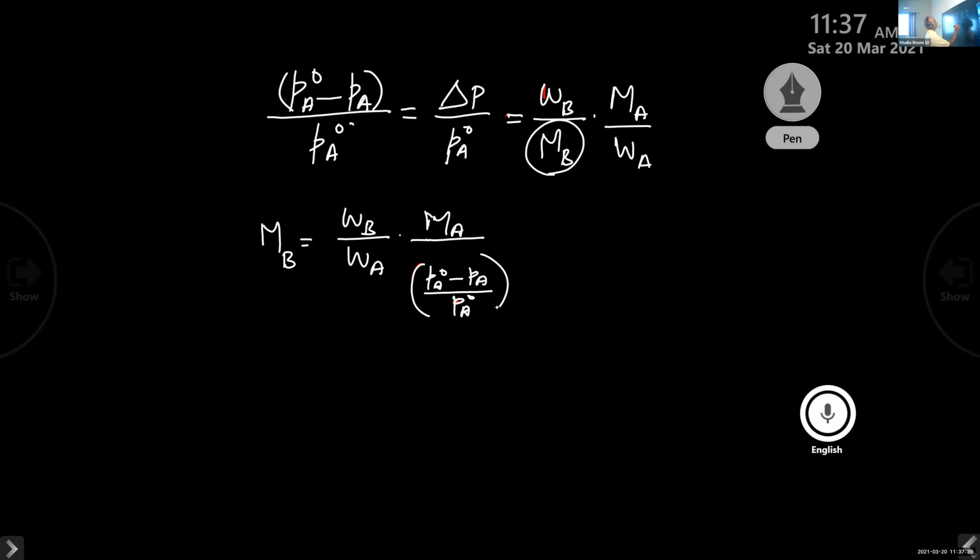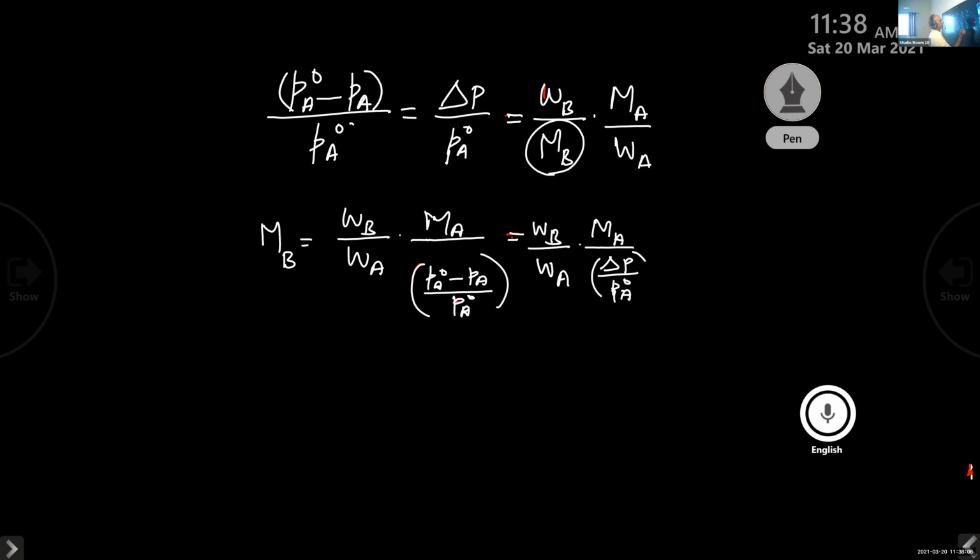Or this is equal to WB by WA into MA by (PA0 minus PA), that is equal to delta P by PA0.